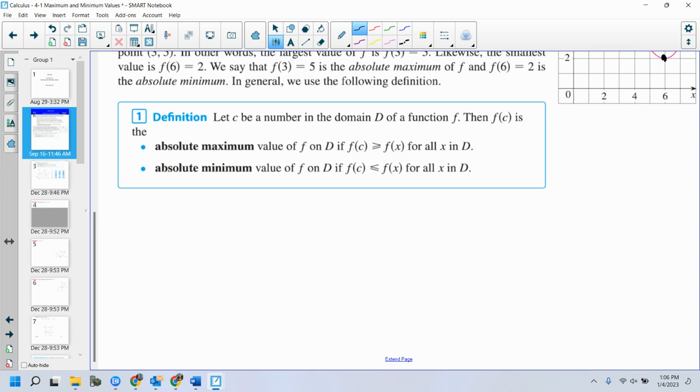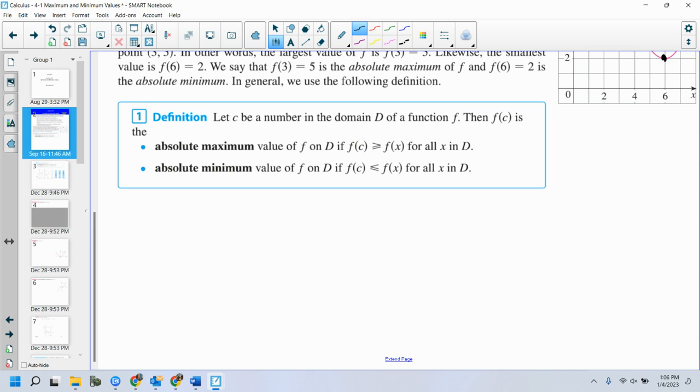The absolute maximum value of a function f on its domain D is f of c, so some location c, where you run the output value and get f of c, greater than or equal to f of x everywhere within the domain.